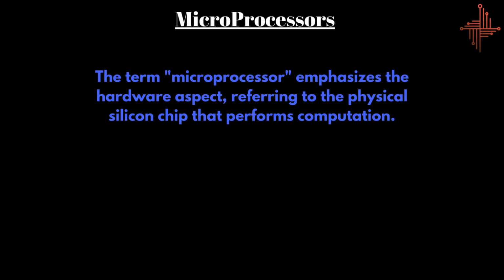So as you can see the definition on this screen, this is the definition of a processor. The whole silicon chip which is doing the job behind the scenes in your computer or your mobile phone, that is the processor. Now talking about CPU. CPU is a part of microprocessor. So microprocessor is basically the broader unit. We are not going to talk much about CPU, so let's get back to processors.